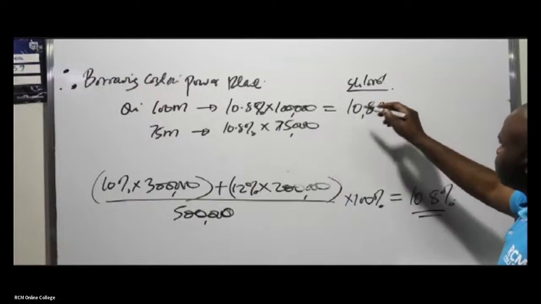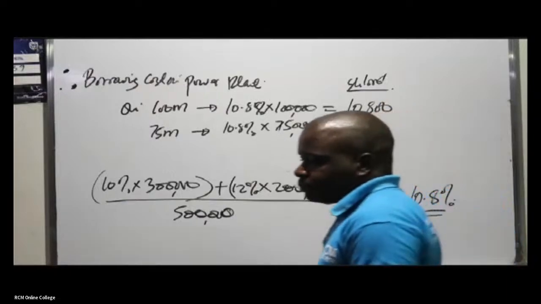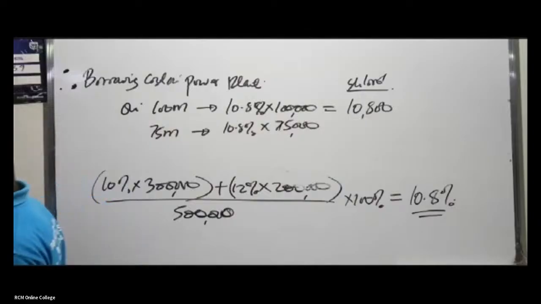It is 10.8% multiplied by 75,000, because there were two amounts utilized on the power plant. There was 100, and then later they used 75.